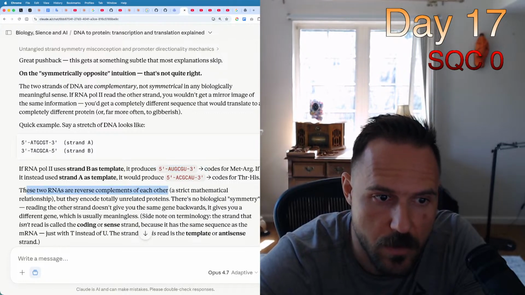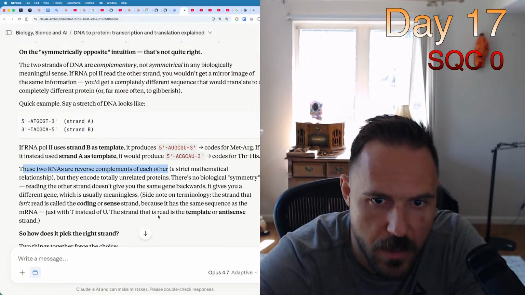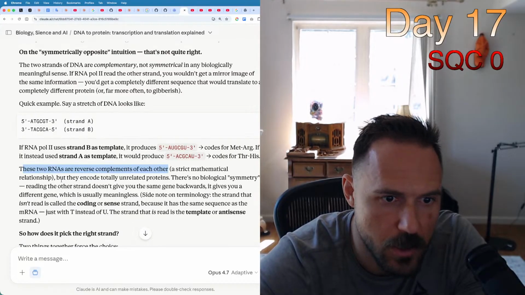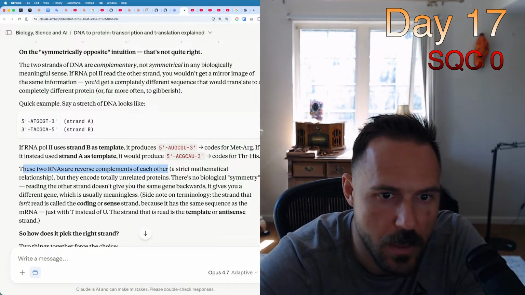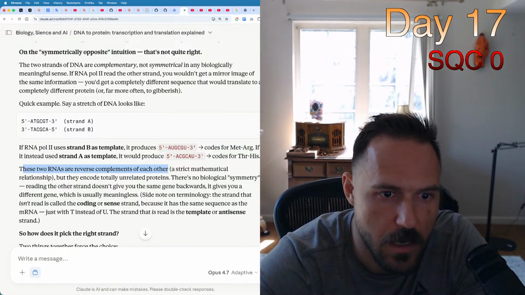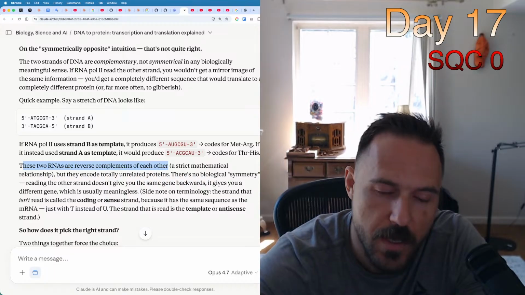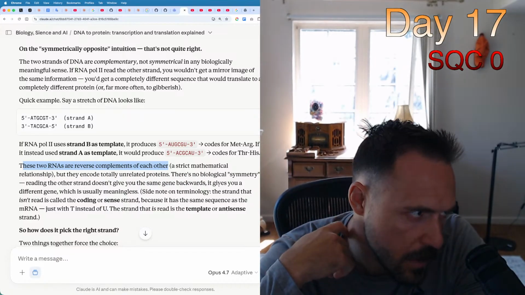They're reverse complements, opposite. Yes. A strict mathematical relationship, but they encode totally unrelated proteins. There is no biological symmetry. Reading the other strand doesn't give you the same gene backwards. I was not saying backwards. Come on.